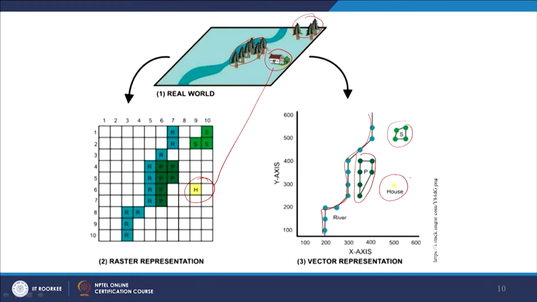But as per the definition of vector, a point is a 0 dimensional entity. This cell in the grid may not be representing the true area of the house, the constructed part of the house. So here also this is not a true representation of the real world.